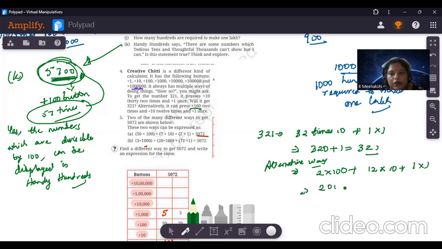So we get 200 plus 120 plus 1. So this also will give you 321.